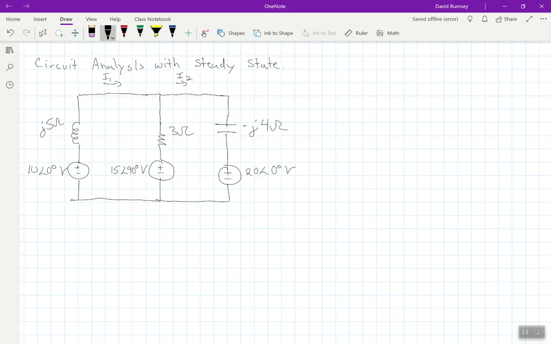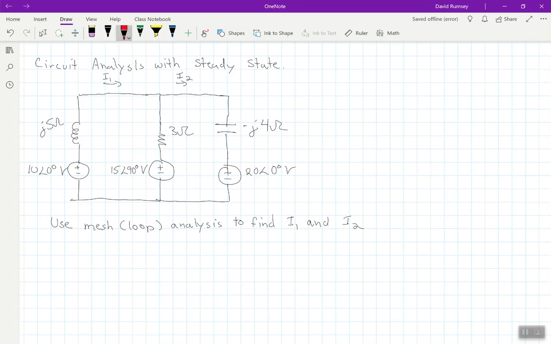Okay, so this is the circuit we're given, and the instructions are to use mesh analysis, loop analysis, to find I1 and I2.